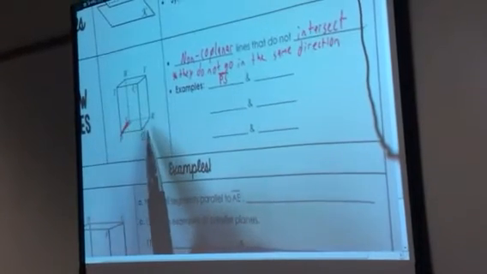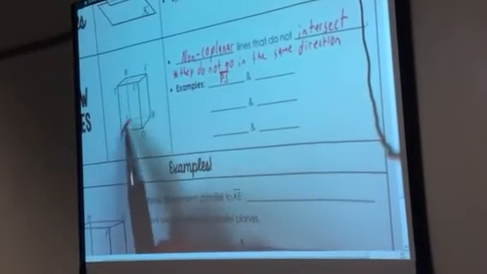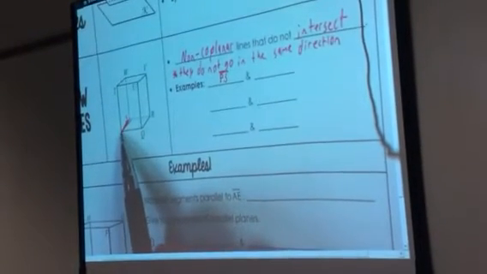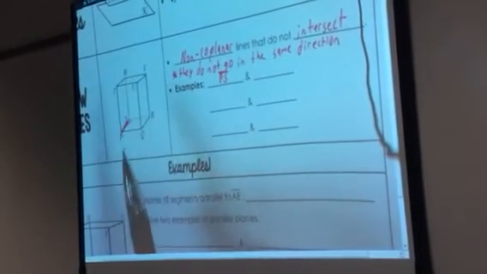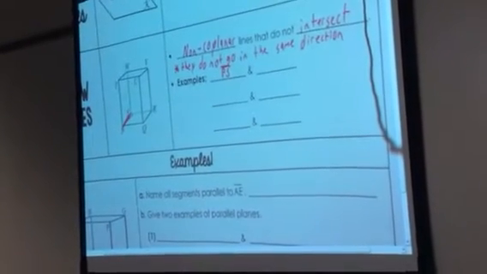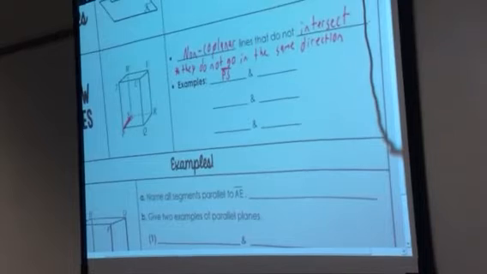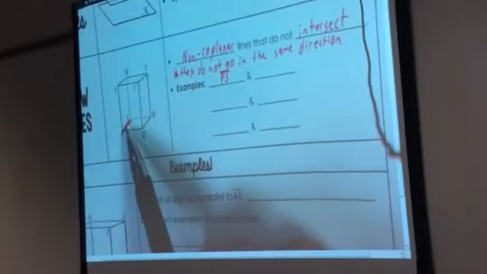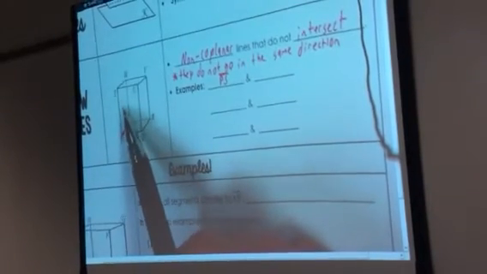All of the edges that go the same direction as that would be parallel. So everything that's from front to back would be parallel. Now skew means it's not going the same direction but will not touch. So what that means is I go to a different side. So PS is on this left side over here, right?